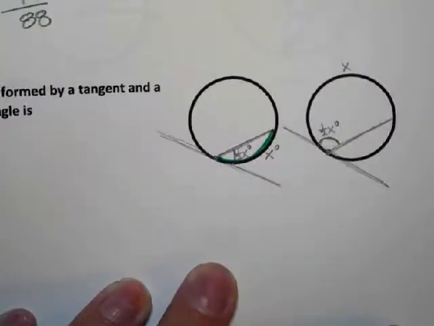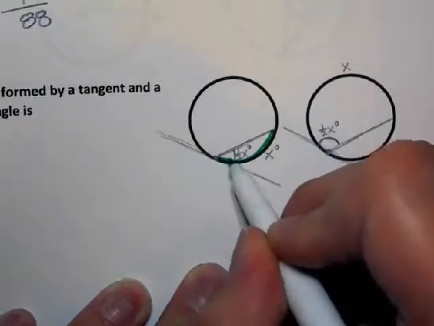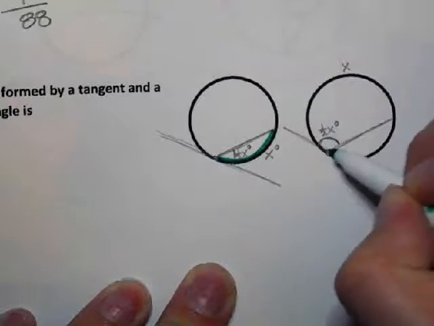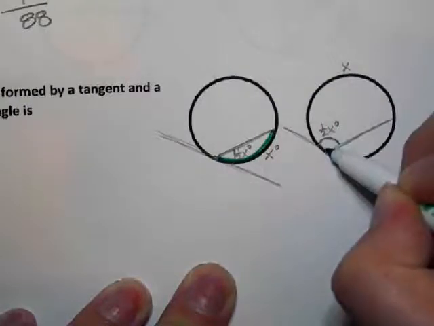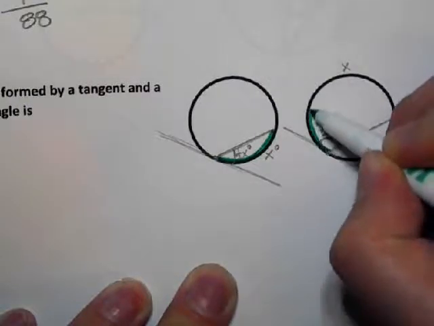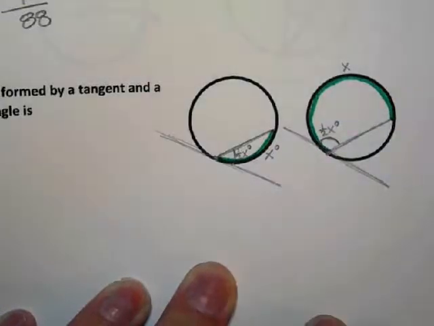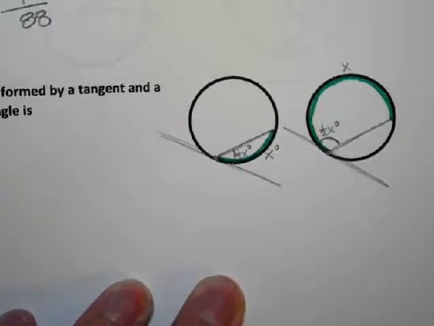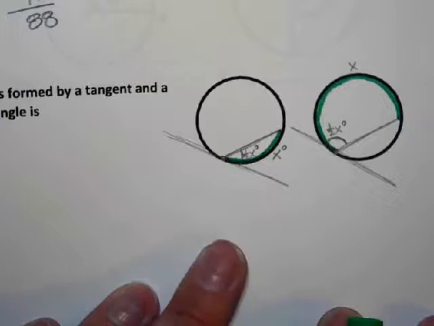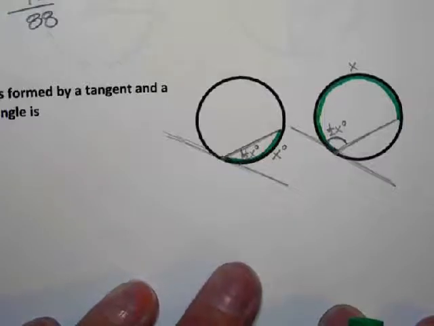And then here's the angle here, and then there's the arc. So these ones are kind of weird looking. But the relationship is the same as an inscribed angle, even though it's technically not called that. So 1/2 x is the angle, and then x is the measure of the arc. So we still have that same relationship.